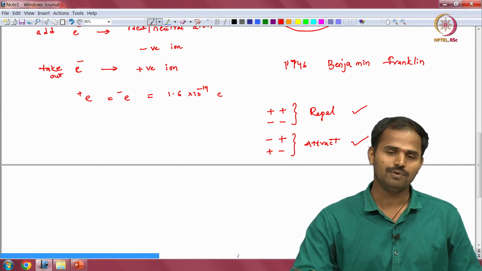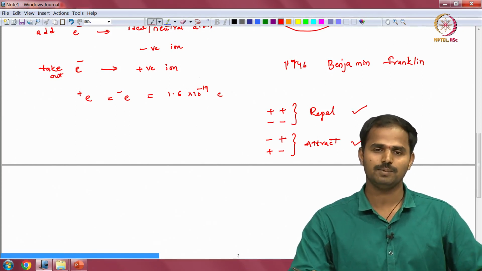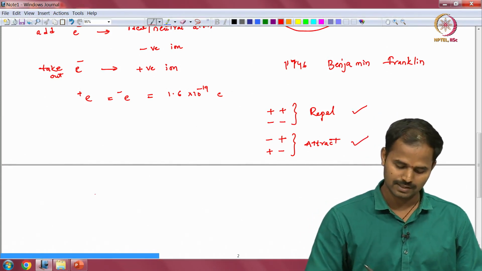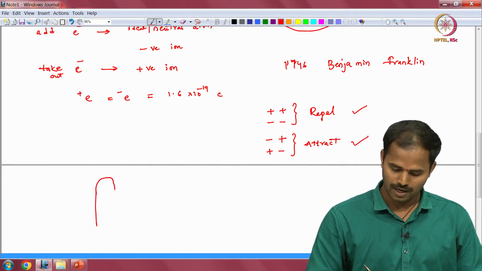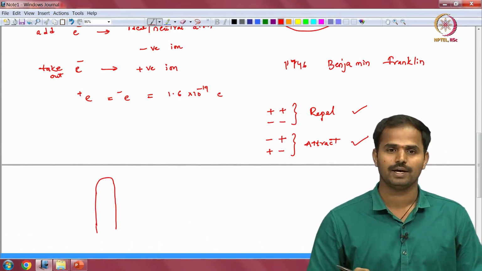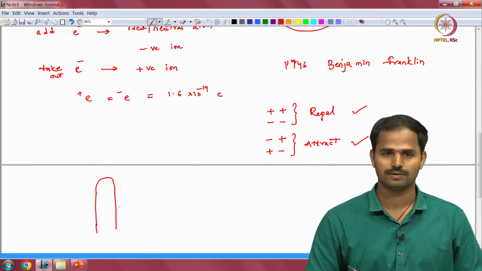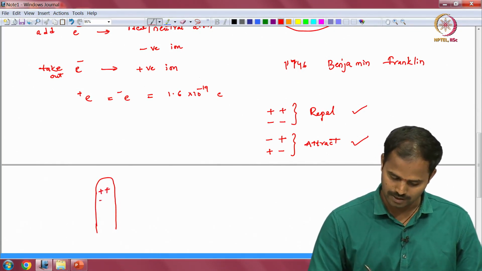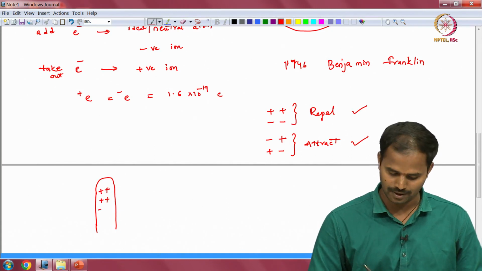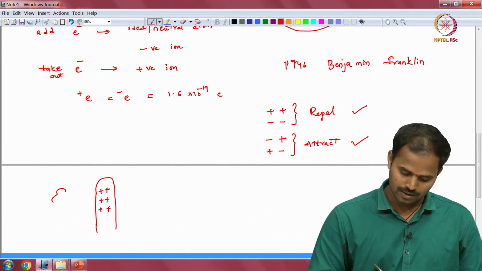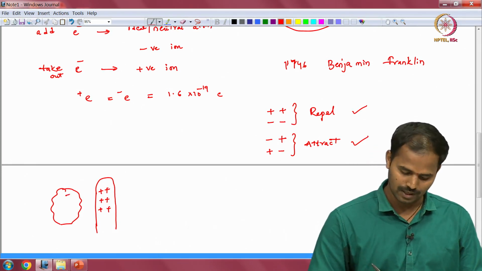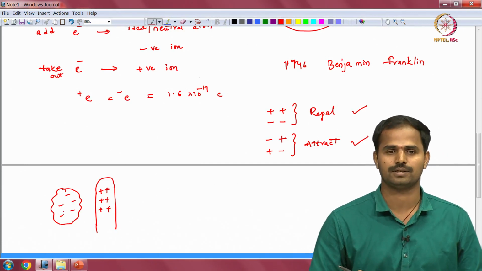The one fluid theory is explained with an example. This is a glass rod. If we rub it with a cloth, the rod becomes positively charged because it is losing free electrons, and the cloth used for rubbing the glass gains the charges and becomes negatively charged.